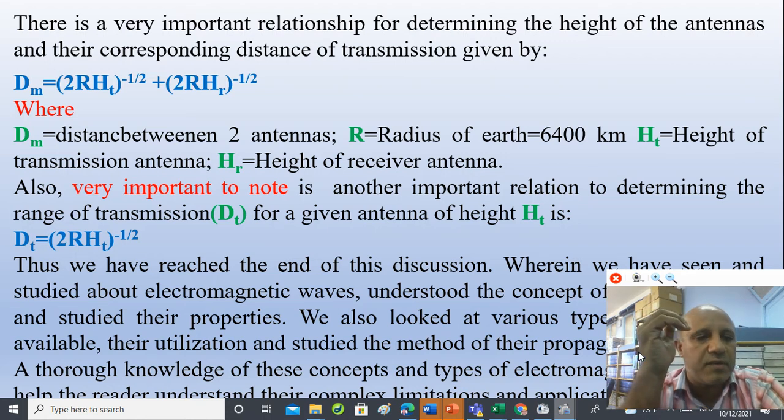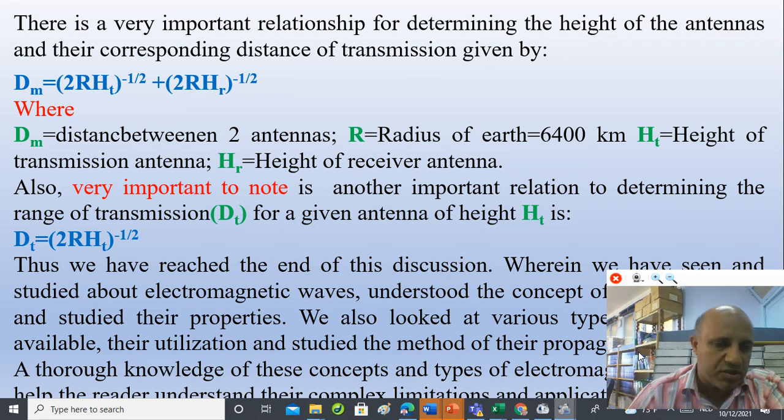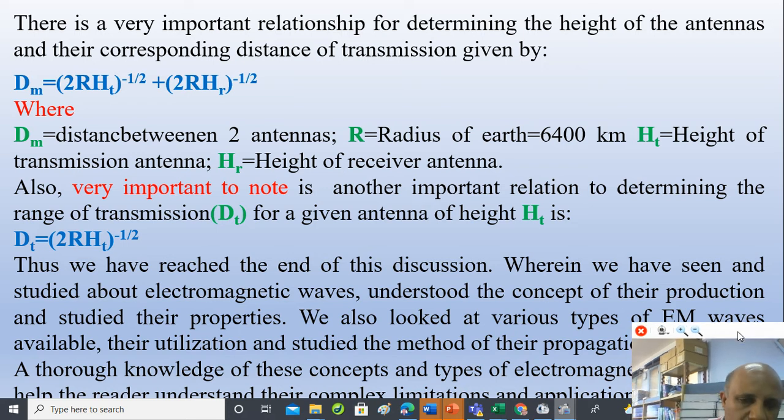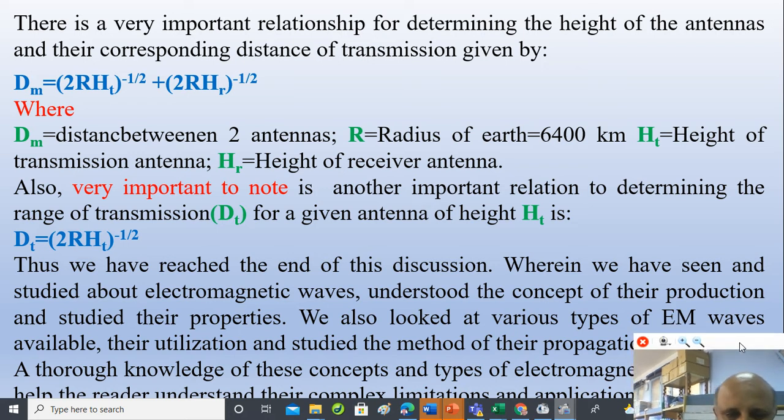Thus, we have reached the end of this discussion, wherein we have seen and studied the electromagnetic waves, understood the concept of their production, and studied their properties. I don't cover this in this video, but you have studied already how to produce electromagnetic waves and what their properties are, like the frequency, the time period, and lambda, which is the wavelength.